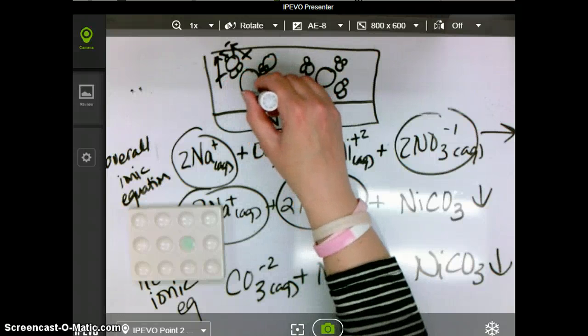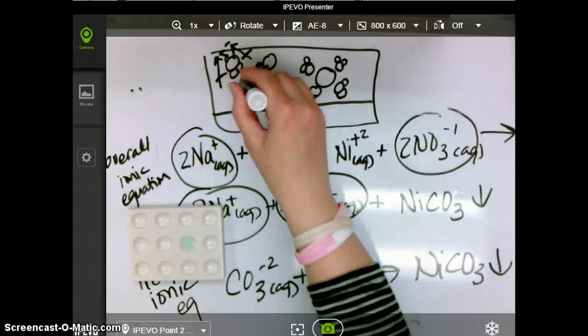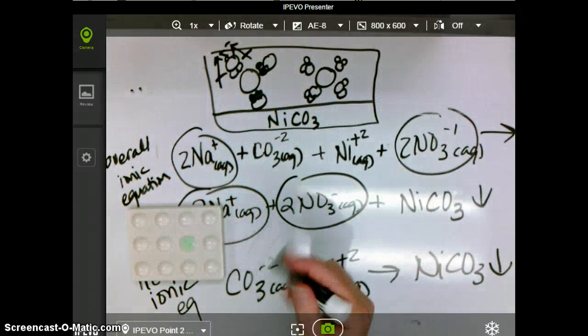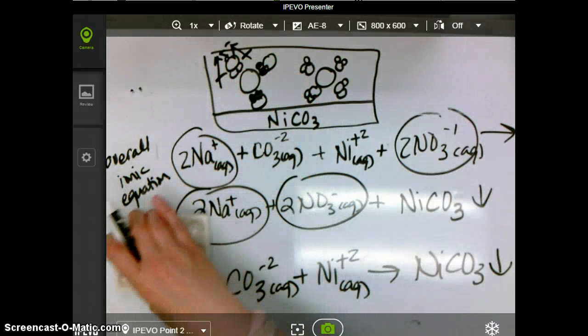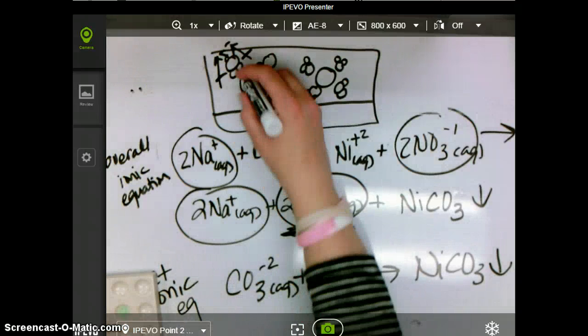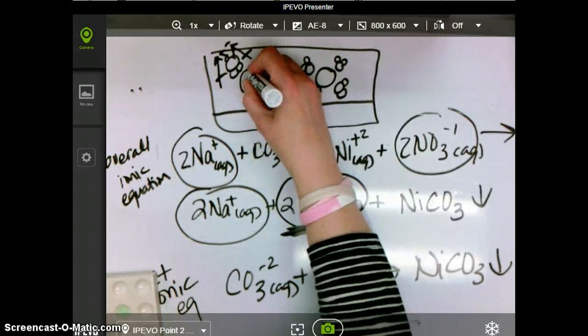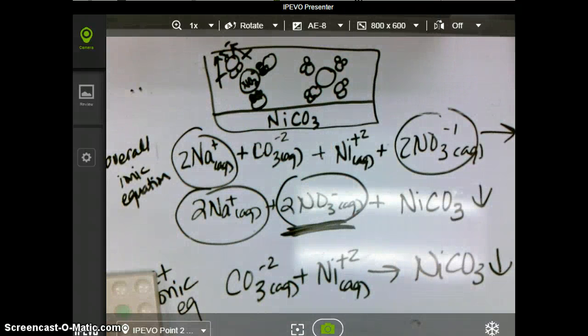It's the positive side of the water molecule that is facing this. Therefore, this must be the negative ion. Well, as I look at my products, who are my negative ions in the solution?